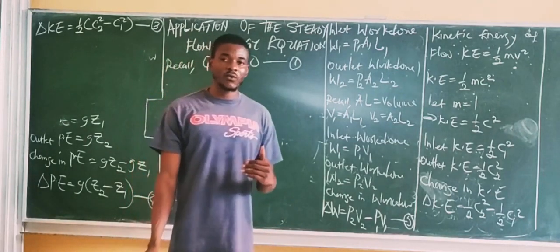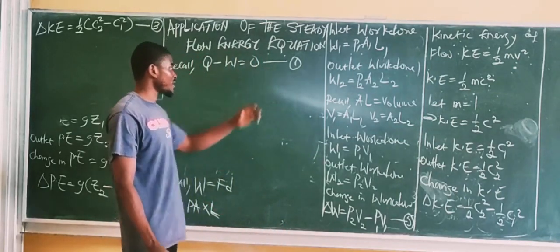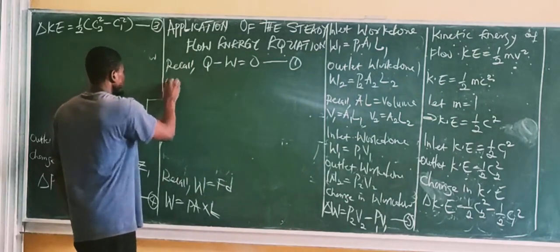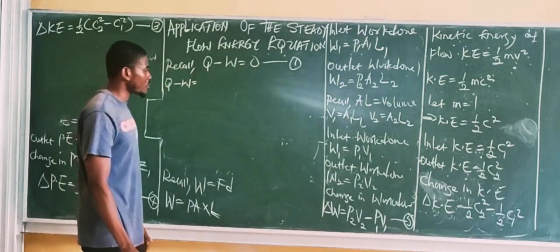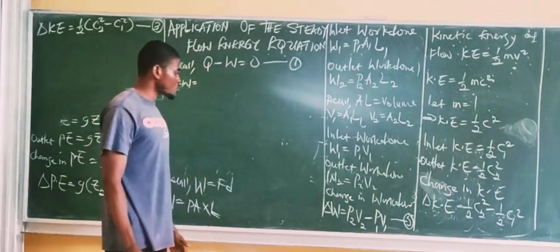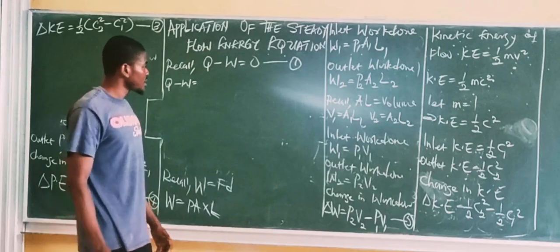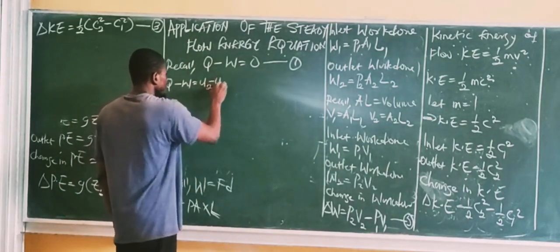That gives us the steady flow energy equation. So Q minus W is equal to the first energy we talked about, equation 2, the internal energy, which gives us U2 minus U1.